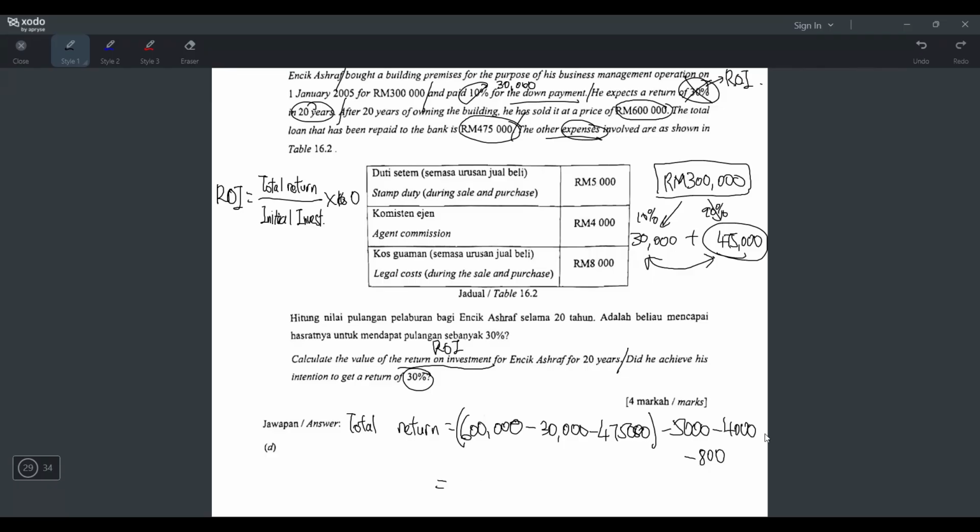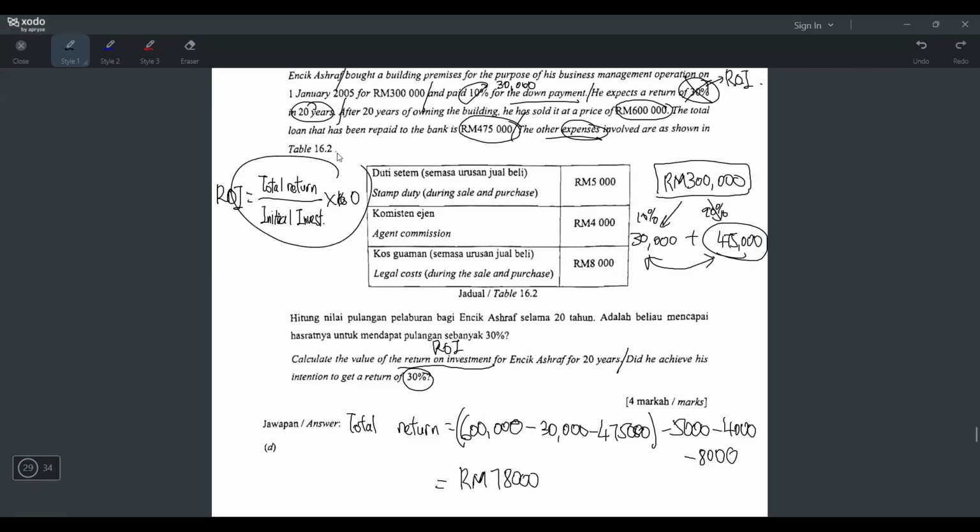So let's press 600K minus 30,000 minus 475,000 minus 5,000 minus 4,000 minus 8,000. Sorry, this one is 8,000. Okay, let me press again. I get it already, 78,000.